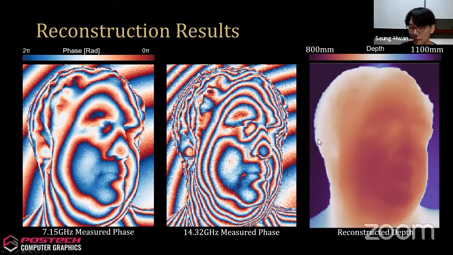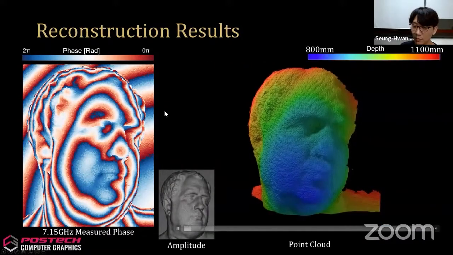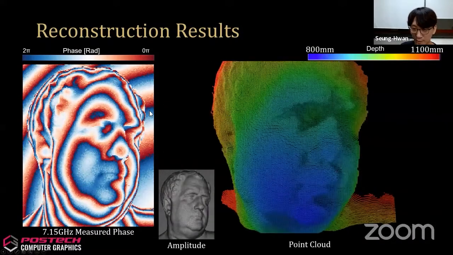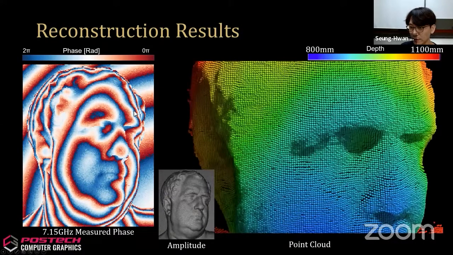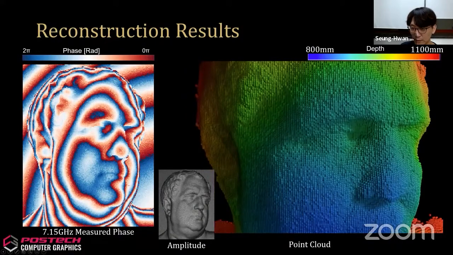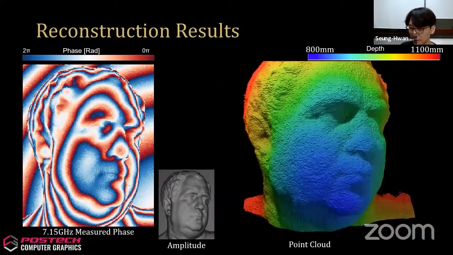Here you can see that our phase unwrapping method was able to successfully decode this complicated many phase wrapping problem. And to more visually examine the result, here is the point cloud visualization with the different illumination lighting direction.